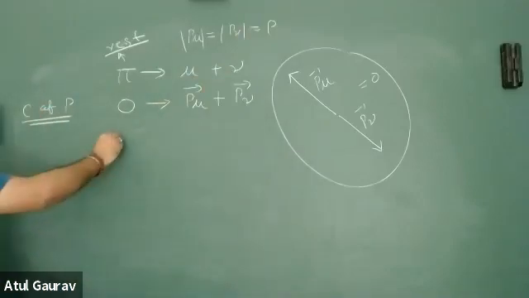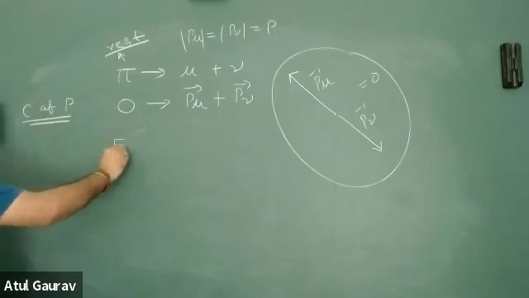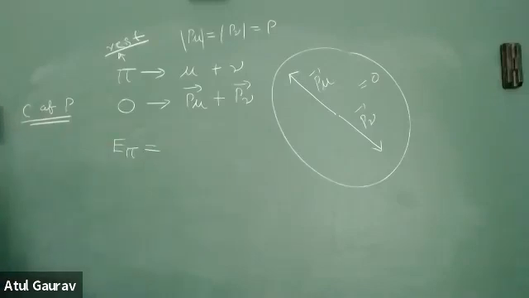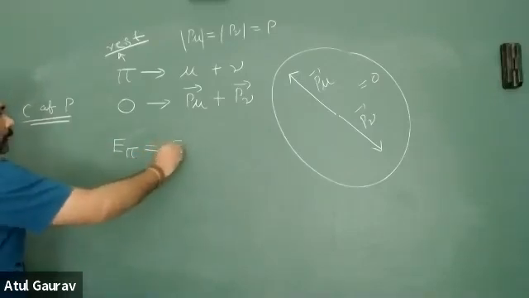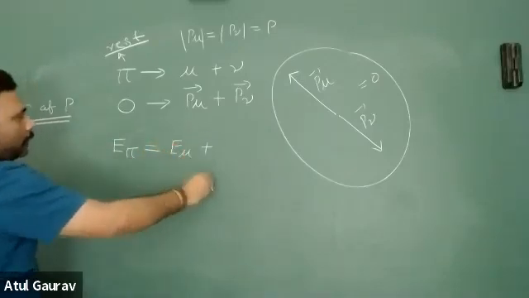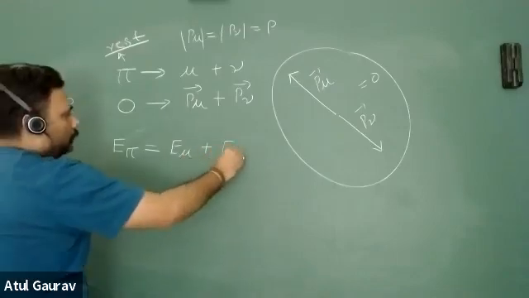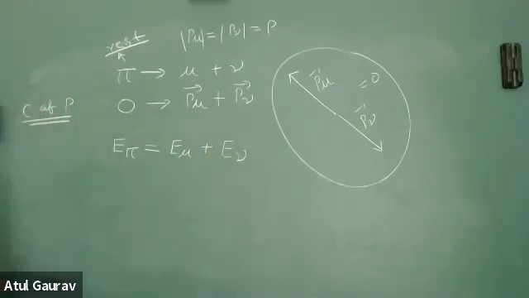Now we have to write: energy of pion must be equal to total energy of muon plus total energy of neutrino. And please mind it, there is not any heat loss kind of thing here, so I am not using an extra energy term.